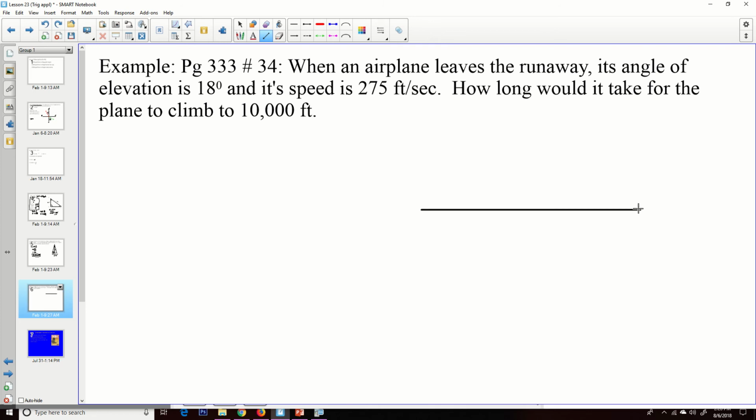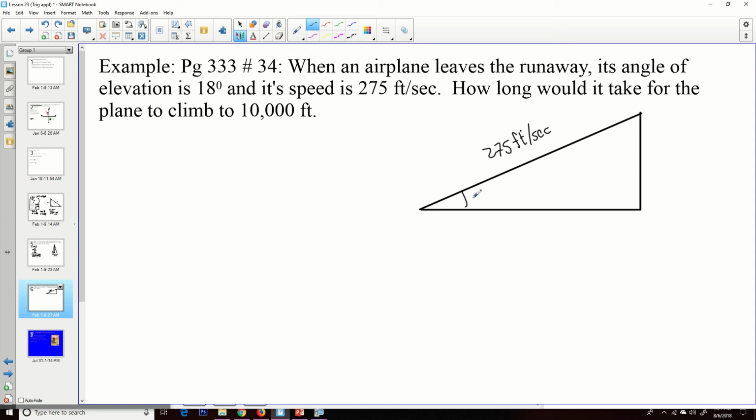All right, so we're trying to follow this plane that's taken off, and it is going at 275 feet per second, and it's climbing at 18 degrees. I want to know how long it takes to get to 1,000 feet.